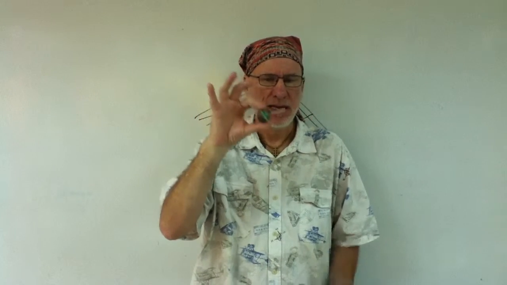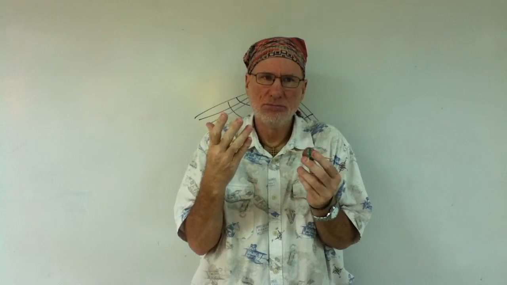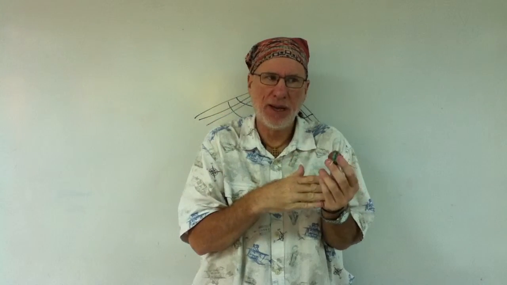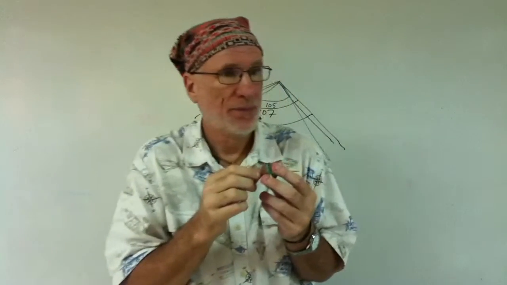If I got rid of these non-bonded pairs, then I would form a tetrahedron. So the bonded pairs actually have a little less effect on the geometry than the non-bonded pairs do. Correct? End of part 2. Clear?